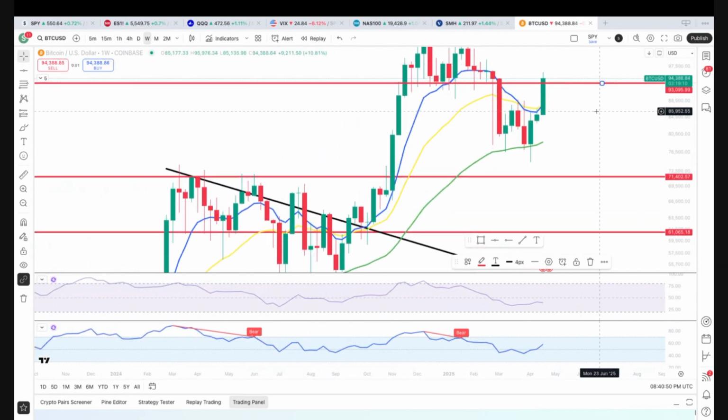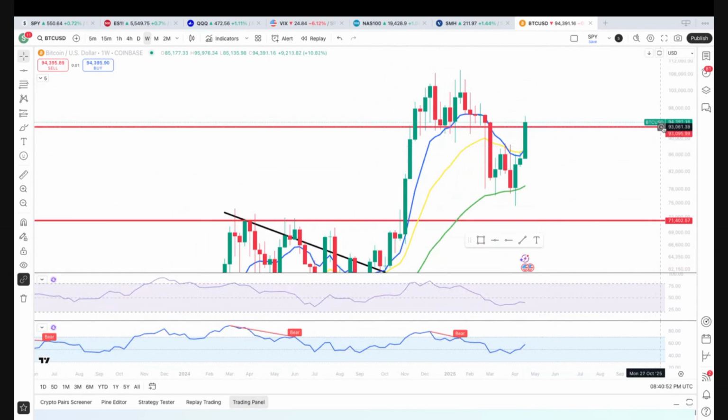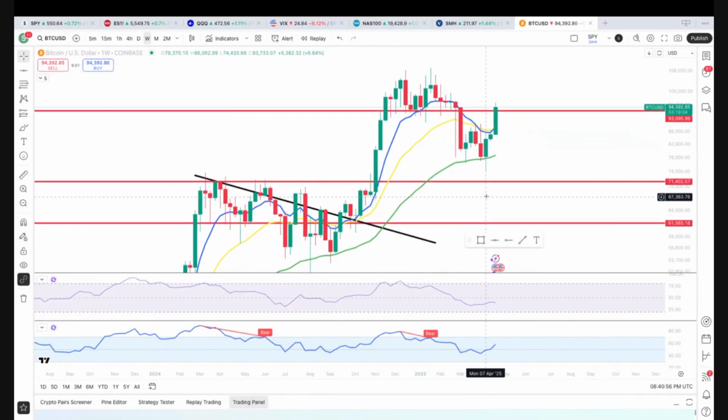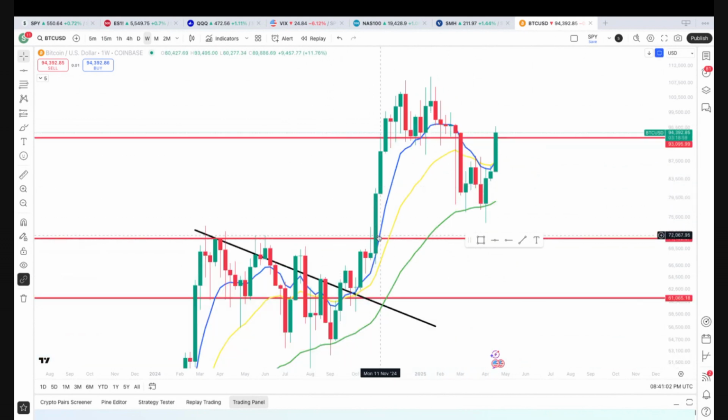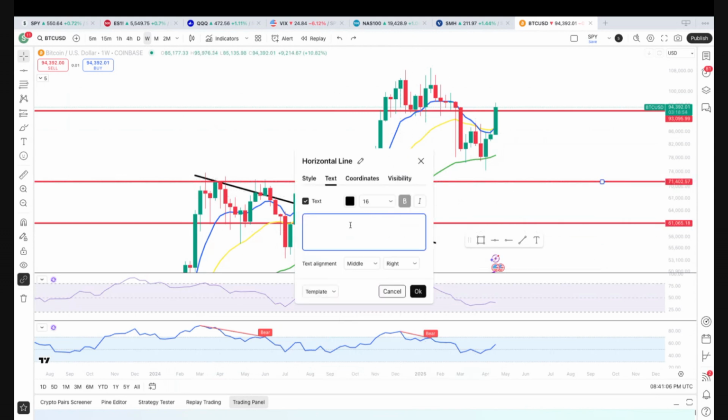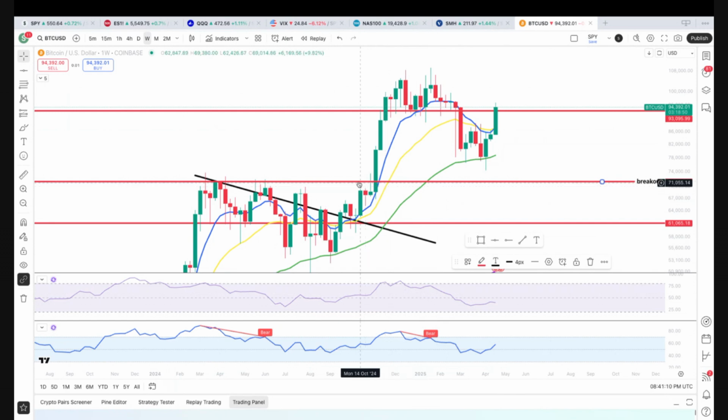All right, so on the weekly, same thing. That 71,402 level was a breakout level. Let me write that here. Breakout. All right.